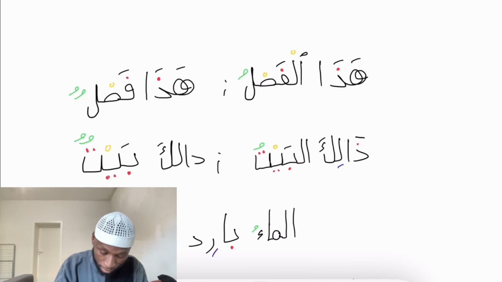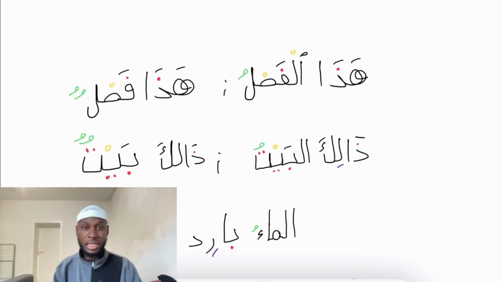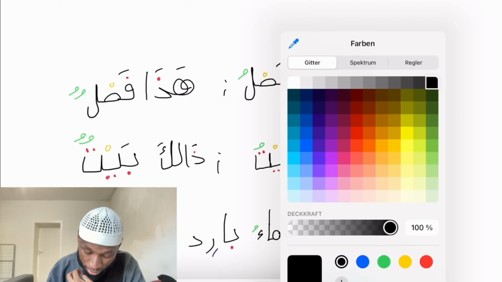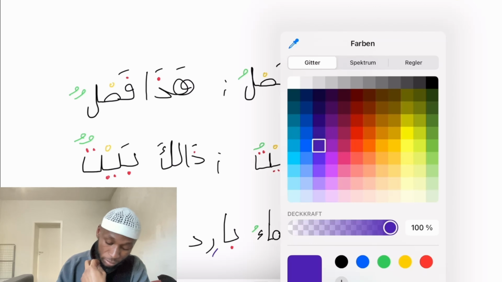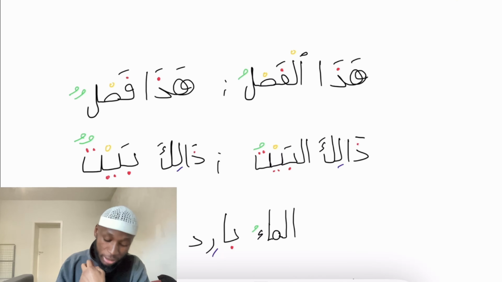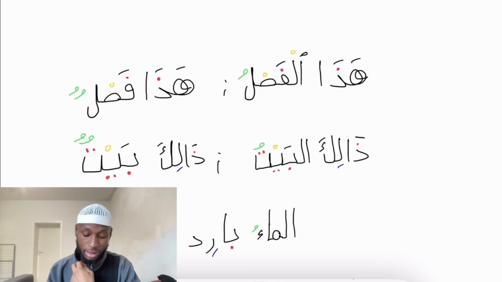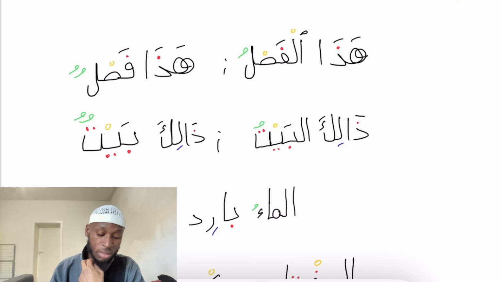Here we have our dot to indicate that it is dhal and not dal. Alhamdulillah. Then let's take our kasra to make the kasra. Dhalika. Alhamdulillah. Dhalika baytun. What about this sentence?